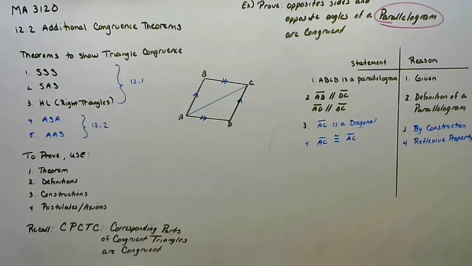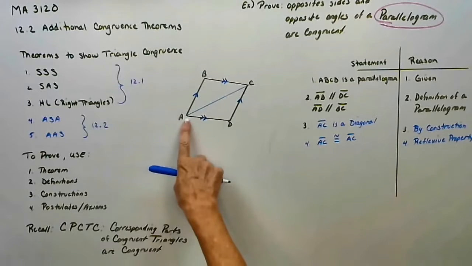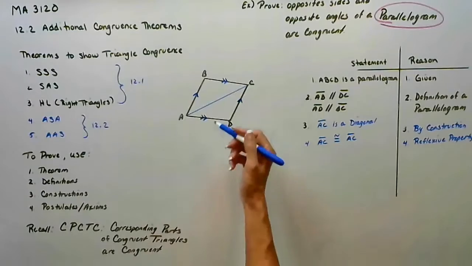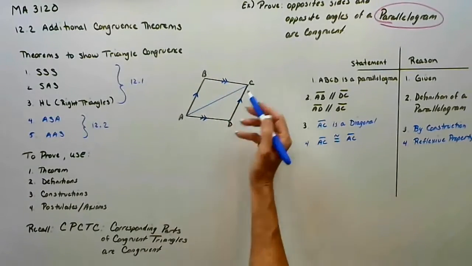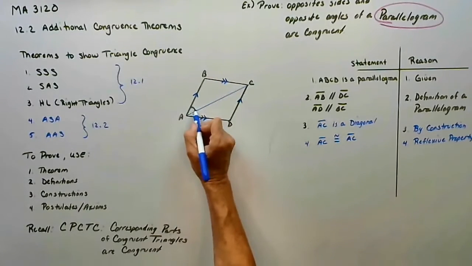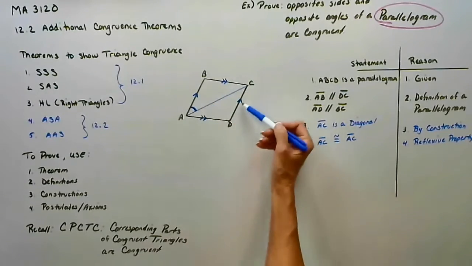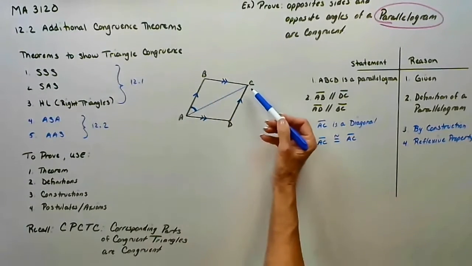Now because this is a transversal, and you may want to refresh your memory, I can start looking at angles. For example, I can look at angle BAC. This angle right here, now notice I have two parallel lines cut by a transversal.